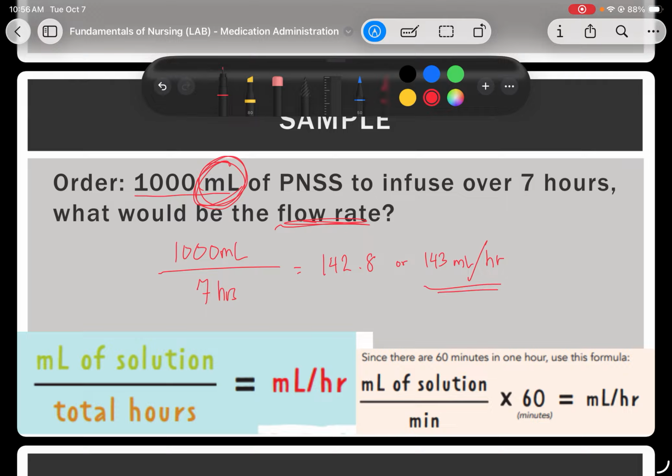And that is your final answer. That's how easy it is. In every hour, 143 ml will be infused. That's how we measure speed: volume over time.